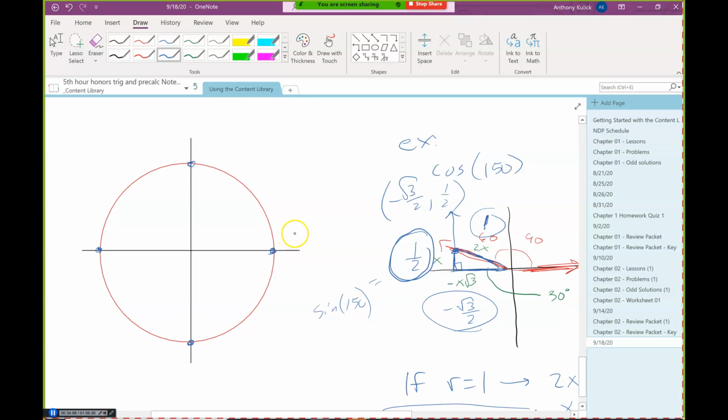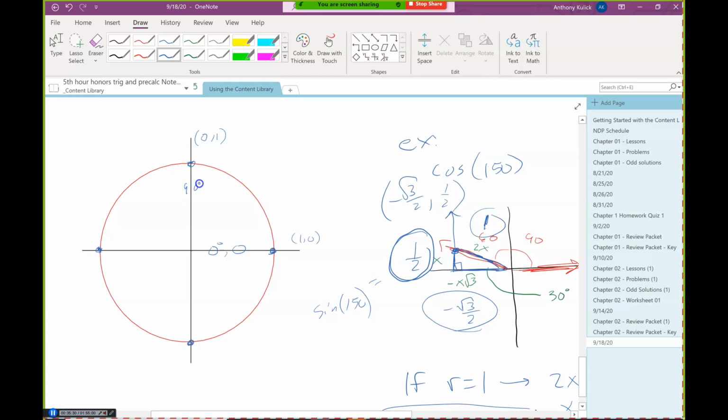What's the radius of this circle? 1, so this point is 1, 0. Everybody's okay there. This point is when we have 0 degrees or 0 radians. This point here would be what? What would the coordinates be? 0, 1. Everybody's okay there?